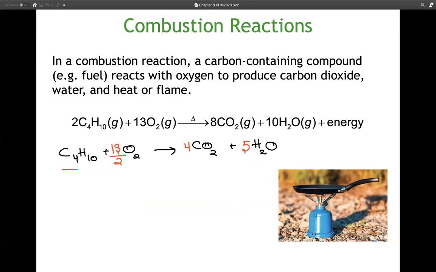To get rid of the fraction, we multiply everything by 2. Because of that, we have 2 of butane, 13 divided by 2 times 2 is 13 oxygen, carbon dioxide becomes 8, and water becomes 10. We talked about balancing in our last lecture.